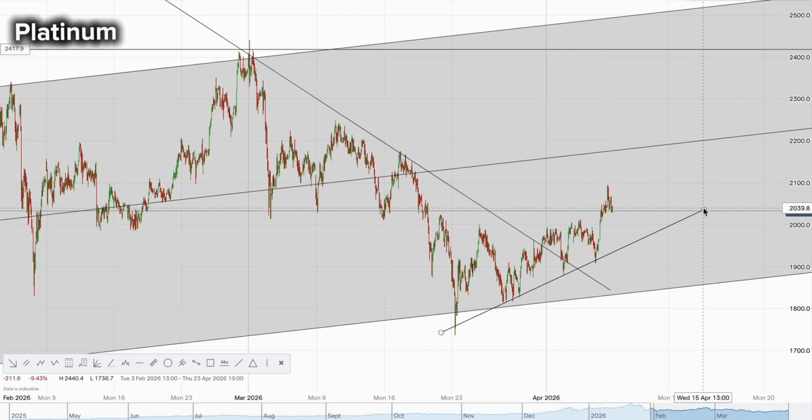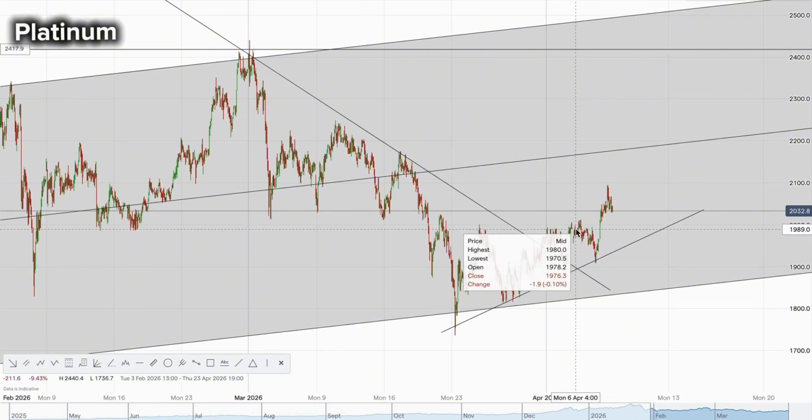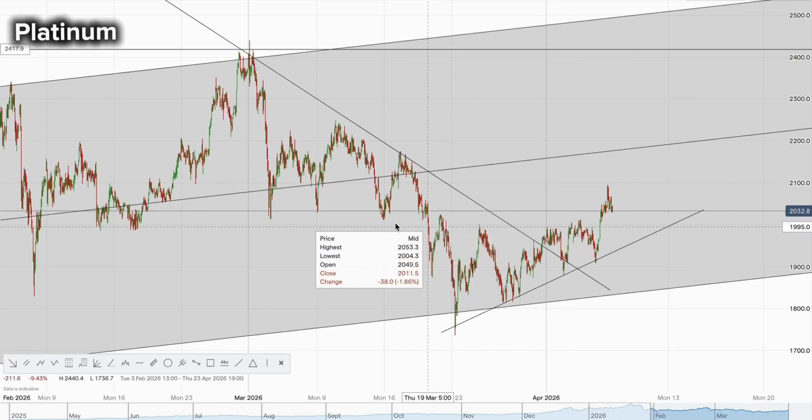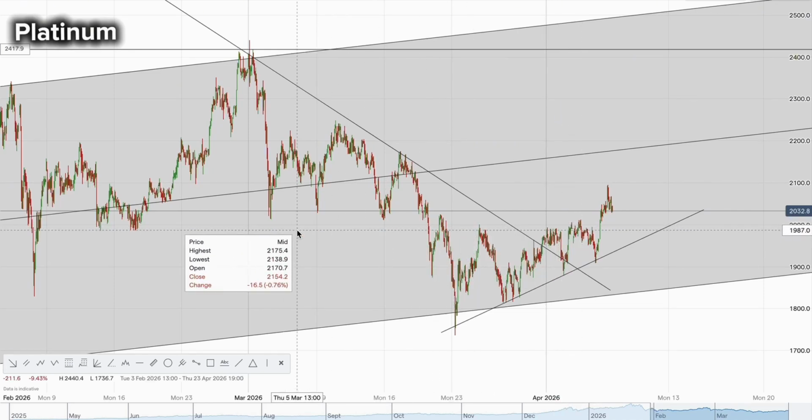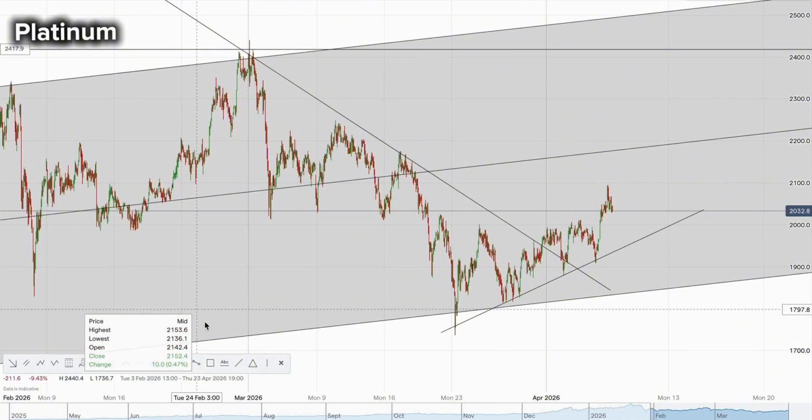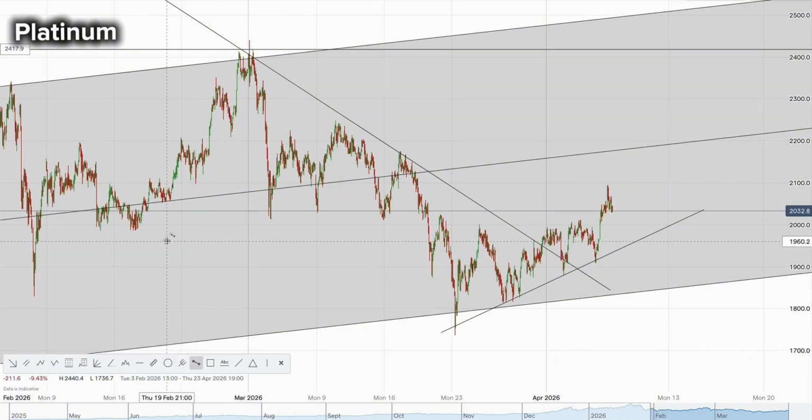So here we go. So I think right around here, we've got that resistance. So let's go ahead and just draw that in. So yeah, okay, let's get a tool and let's put that right here.